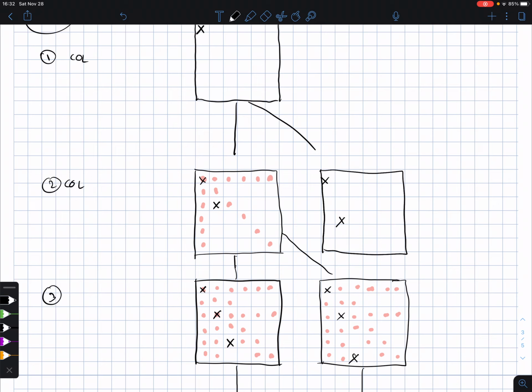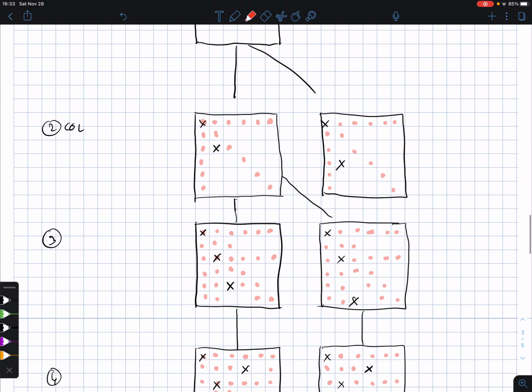Okay, so what is that? Sorry, I should have, of course. I didn't do the dots from the first one, right? So remember, these are the dots of the positions that the previous one blocked. Now, what do I have to keep track of?